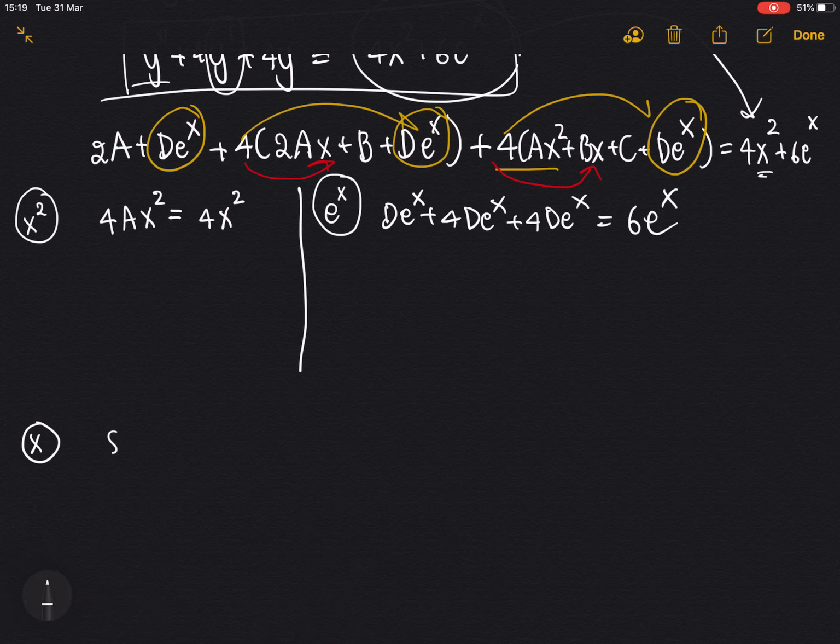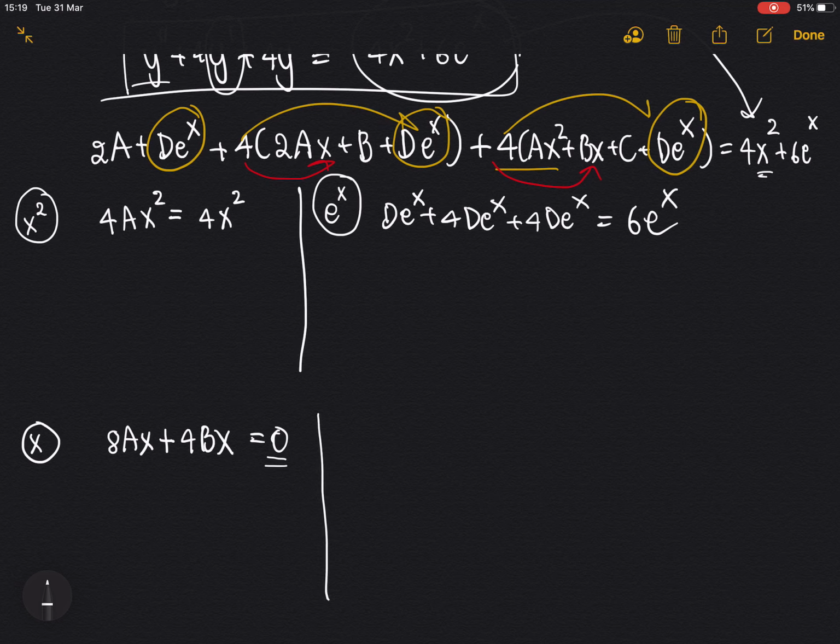So we have ax plus 4bx equivalent to 0. Why equivalent to 0? Because there are no terms that consist of the x variable on the right hand side of the expression. Therefore we can summarize that it is equivalent to 0 on that side.